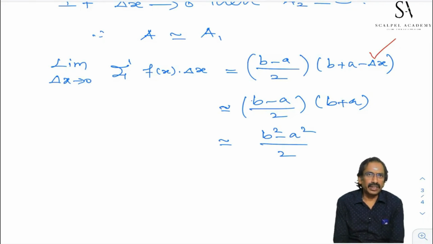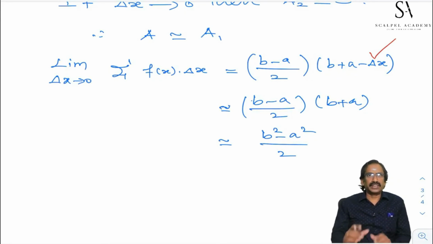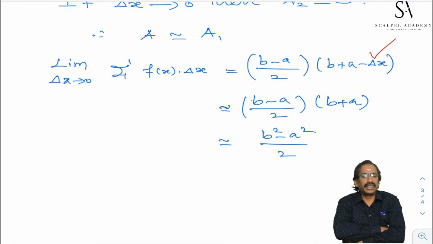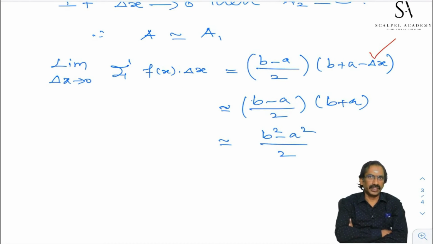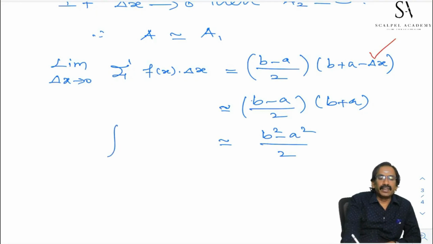I just made you understand how a given physical quantity, which is a variable, can be divided into small elements, and how to sum up the small elements. Look at here, student, whenever you want to express the limit delta x tends to 0 of the summation of f of x dot delta x, simply you can write this term as integral f of x dot dx.